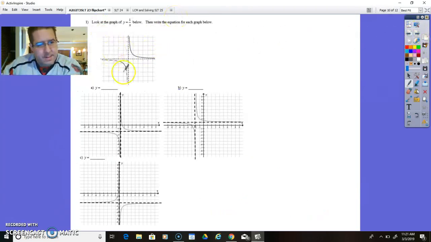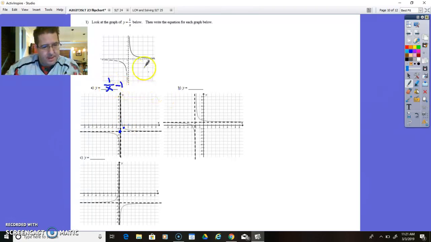All right, look at the graph below. Y equals 1 over x. That's the parent function for all rational functions with a degree of 1 on the bottom. This function has slid down 2. And the next one is 1 above. So that would be 1 over x and -2 for the down one. There is no transformation left or right. This transformation moves left 2, so I know it's going to be x plus 2 on the bottom.